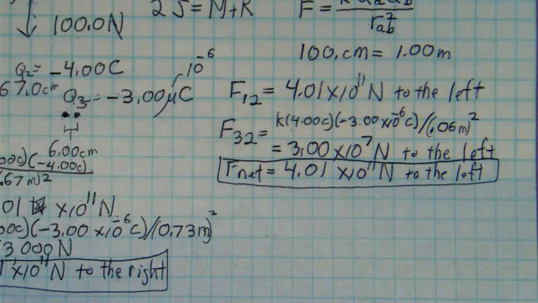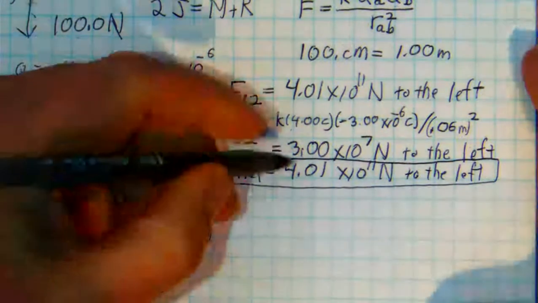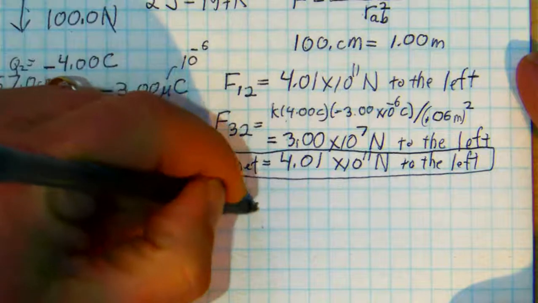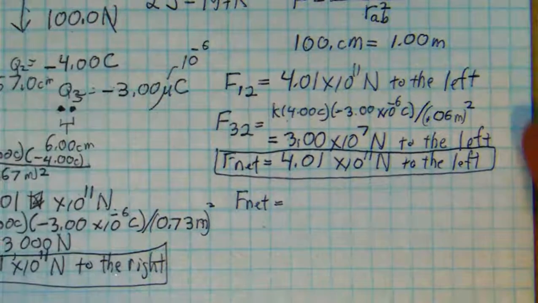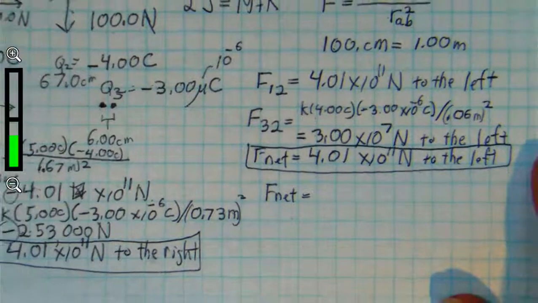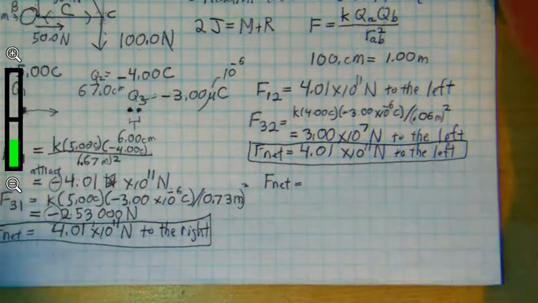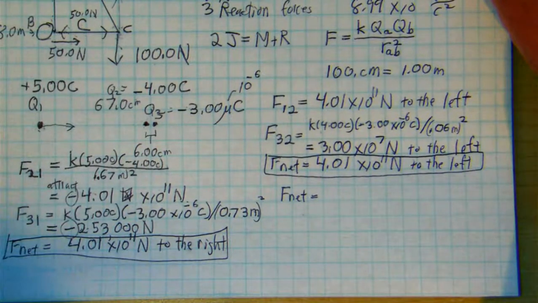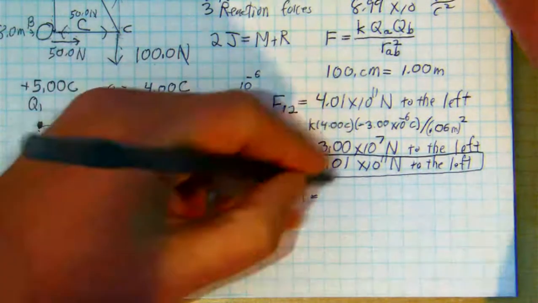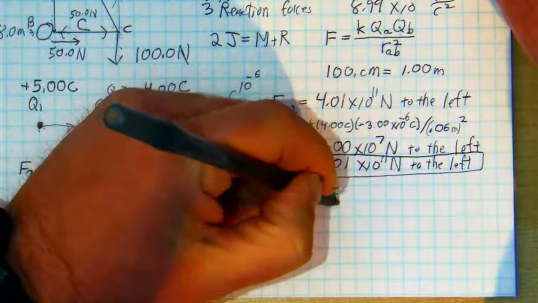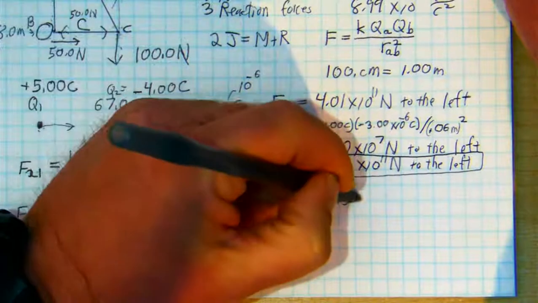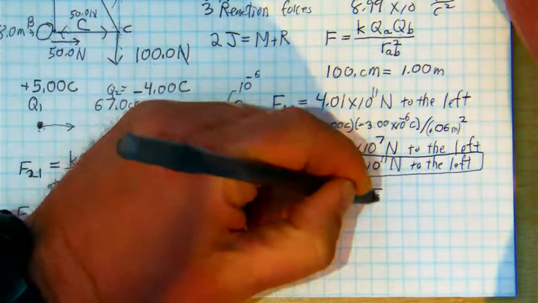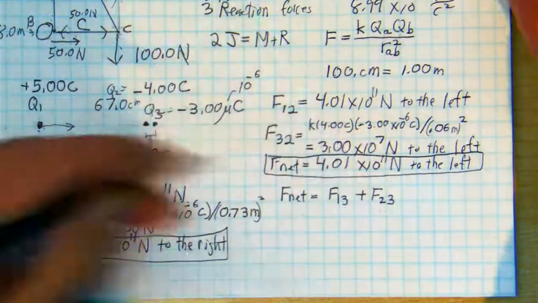And I think for completion, I will now calculate what is the net force acting on the third charge. Because we've really done all the math already. It's just looking at what we've done and figuring out what we do with those numbers. So we need the force of charge 1 acting on charge 3, and add to that the force of charge 2 acting on charge 3.